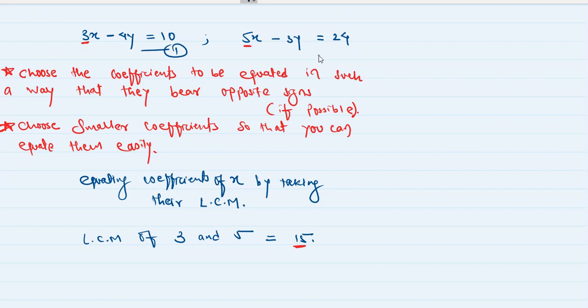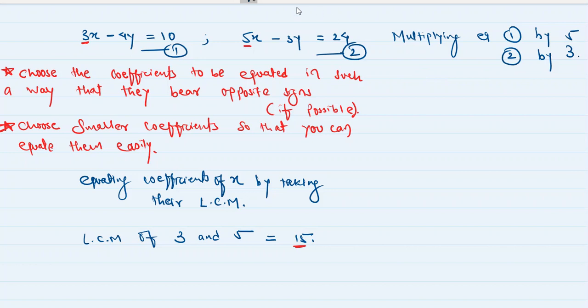That's a very important thing which we forgot. Do you understand what we have to do? The next statement is multiplying equation 1 by 5 and equation 2 by 3.